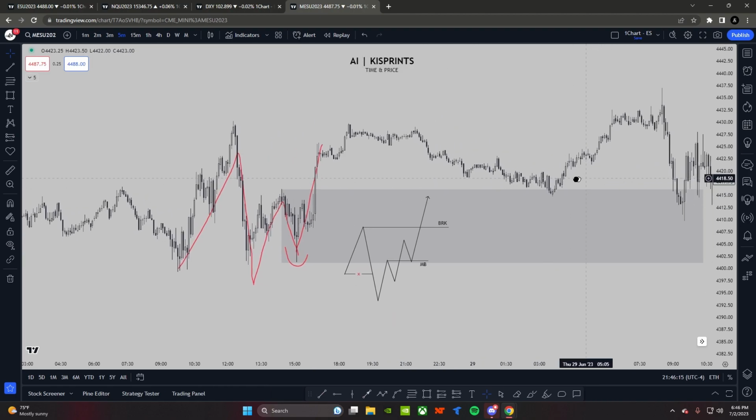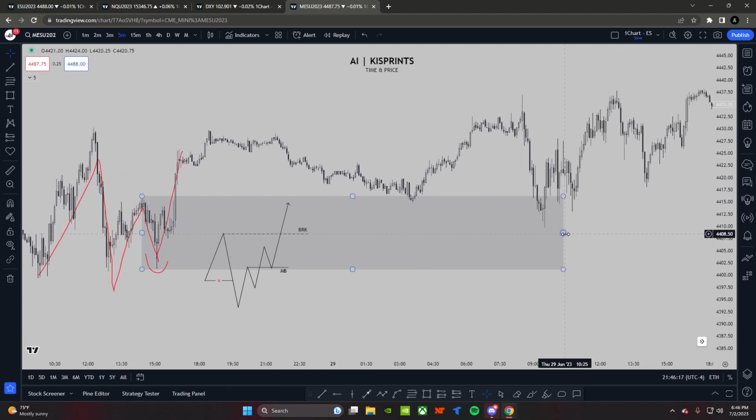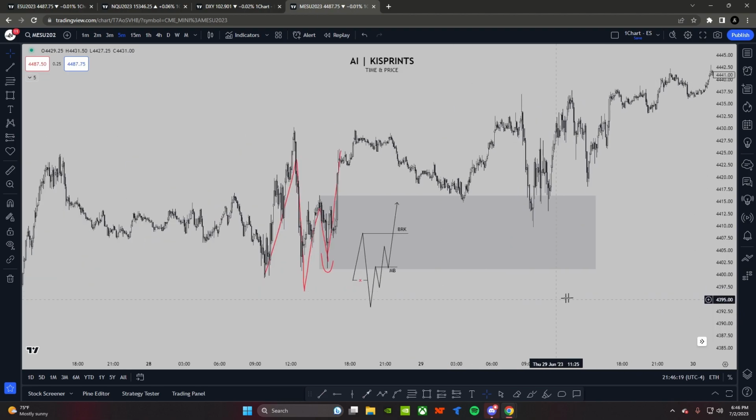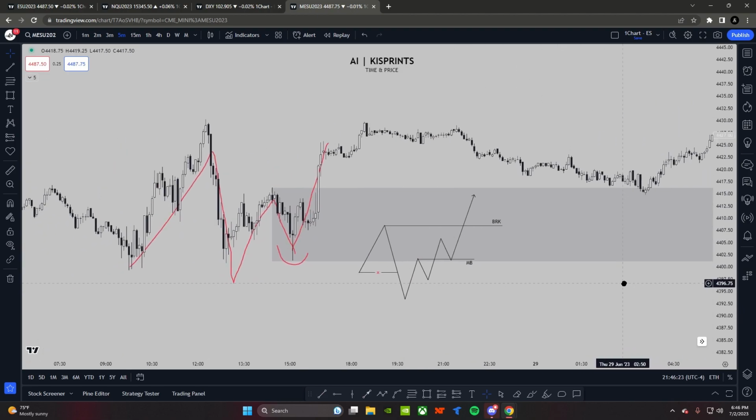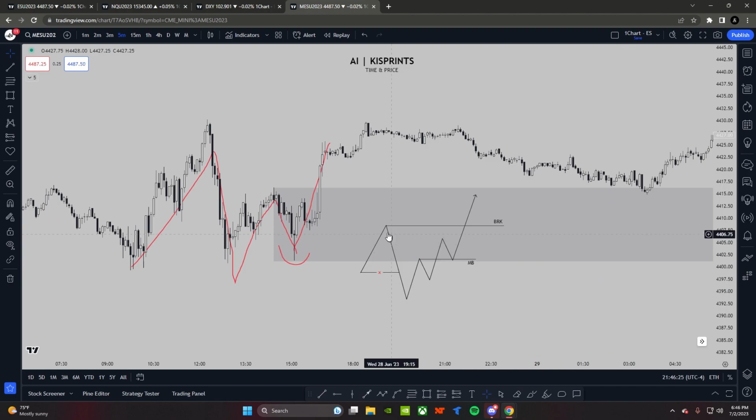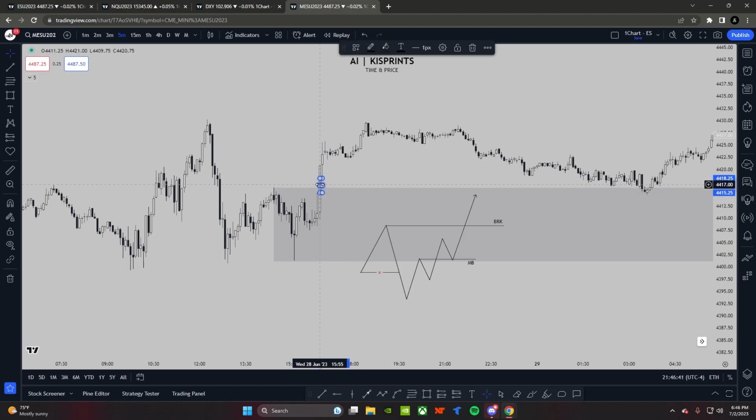So you have a few entries, but as you can see, we hold it there and we hold it here. But where would our sensitive areas be? It's not recommended to trade a mitigation block solely off of the mitigation block. You would want to see it pair up with another PD array. So if we really dig deep, we can see that we have a fair value gap here.